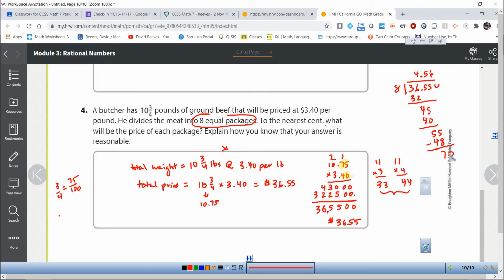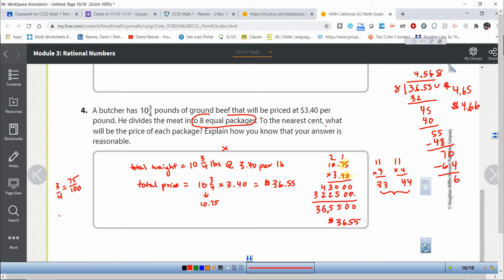And 8 goes into 70. Well, 8 times 8 is 64. 8 times 9 is 72. So this would be 8. All right, 64 and 6. But it's to the nearest cent, right? And the cent would be 2 places. So the question is this: $4.65 or is it $4.66?